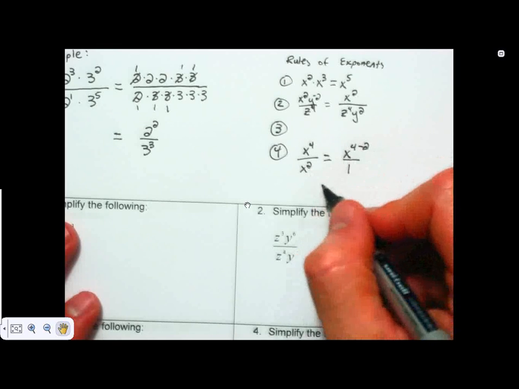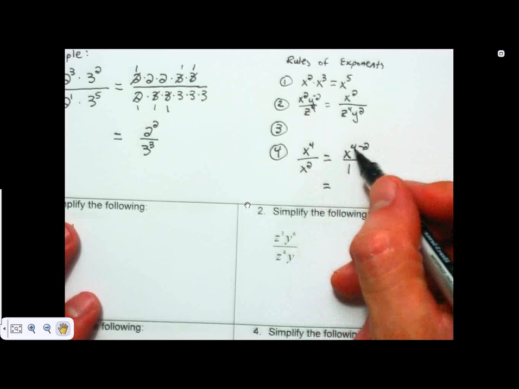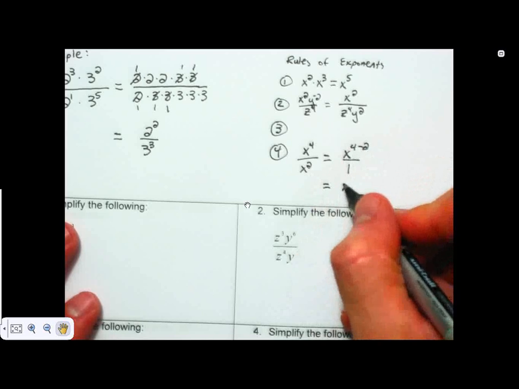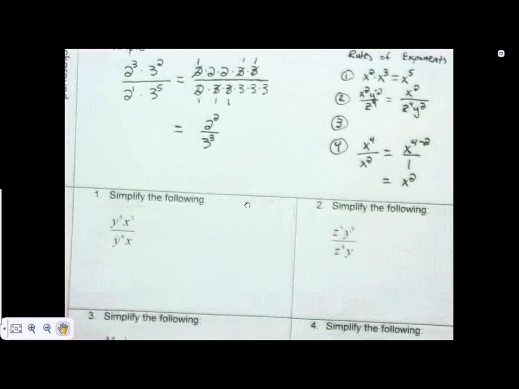All the x's on the bottom are going to cancel out. And so if I simplify this, x to the 4 minus 2 is just x to the second, and I don't even need to write the over 1, because anything over 1 is that thing. So let's take a look and see how we can apply that.